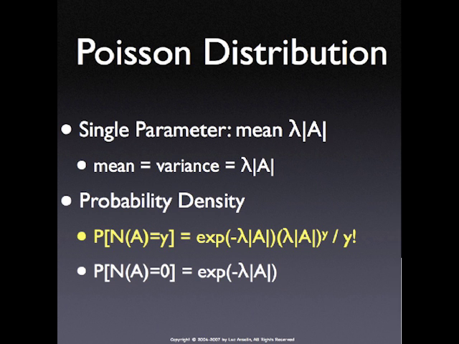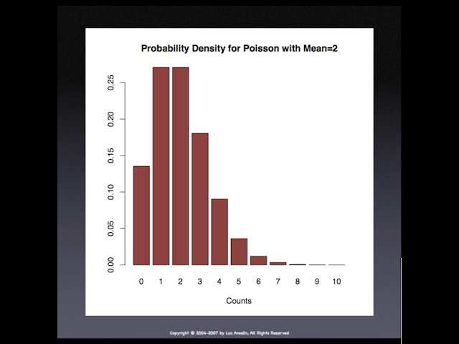So if you have the mean of the process, you plug it into e to the minus of the mean, that gives you the probability of having no events. And so in our case, what we'll be interested in is having the probability of no events in a given area. And an area that we're particularly interested in is a circle. And to refresh your memory, we'll get to that in a second.